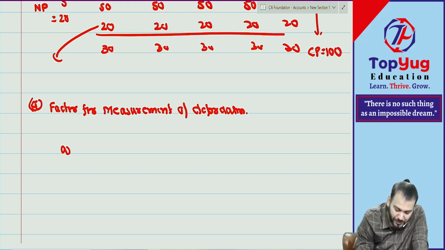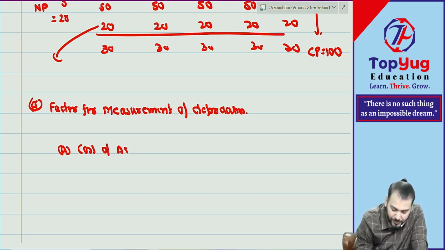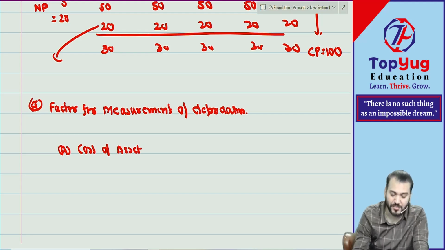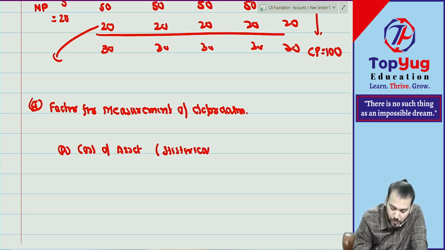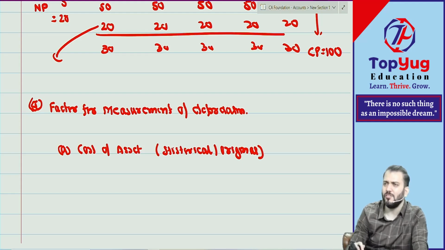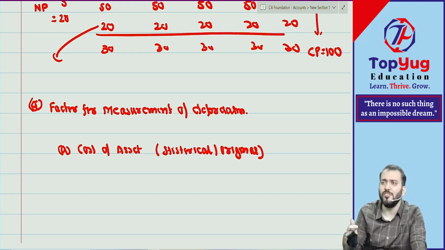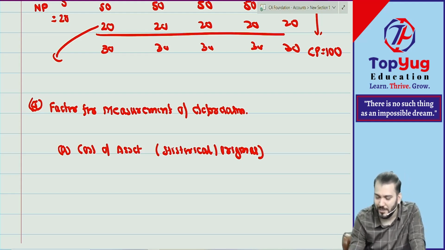Point number A is cost of asset. The cost price of the asset is the first factor. This cost is also known as historical cost or original cost. Correct? So sometimes we use cost, historical cost or original cost. Both are the same only.